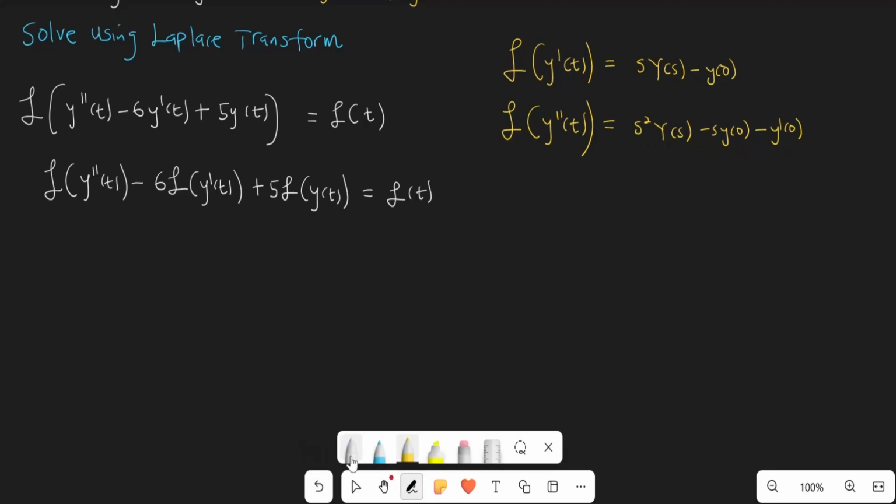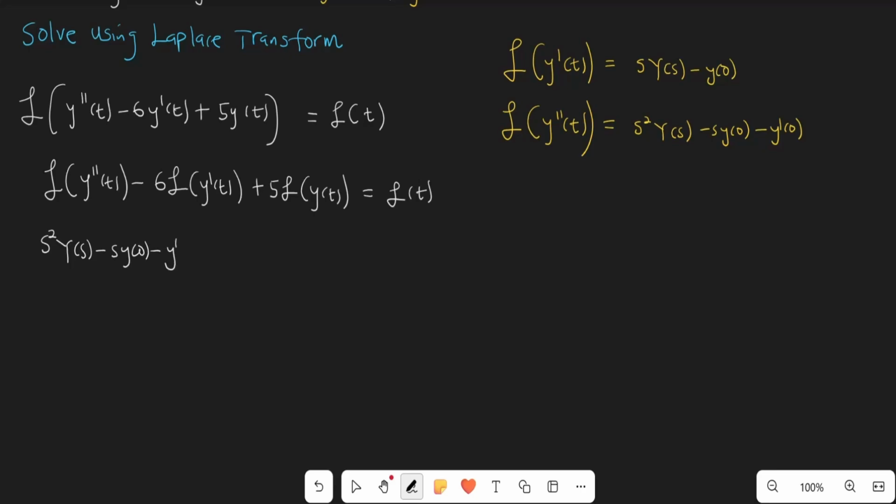So we are just going to replace the Laplace transform of y prime prime of t with s squared times Y of s minus s times y of 0 minus y prime of 0. Those are the initial conditions. Minus 6 times the Laplace transform of y prime of t, which is equal to s times the Laplace transform of y of t minus the initial condition, and now plus 5 times the Laplace transform of y of t.